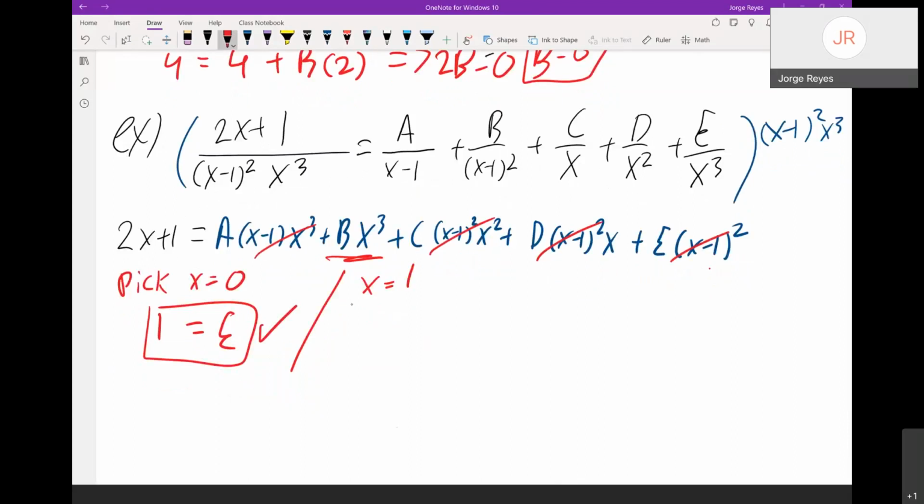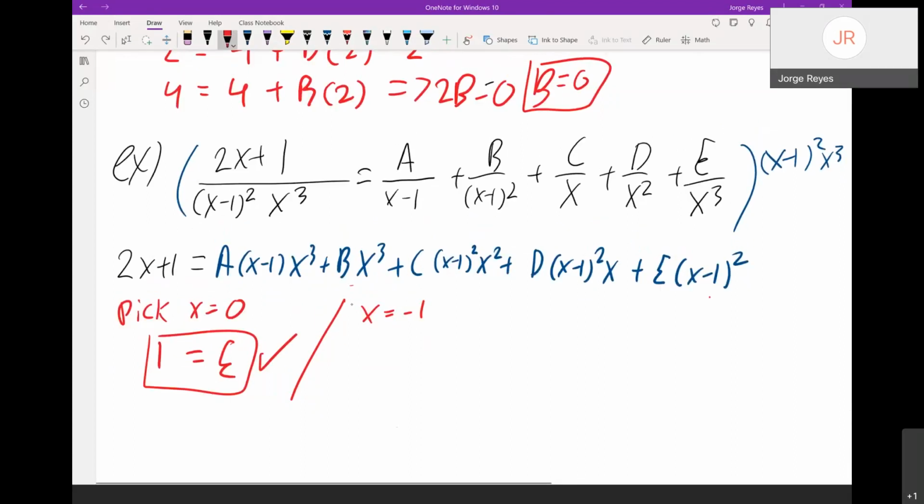The only one left is B. So plug in 1, and you're going to get B equals 3. Ta-da.